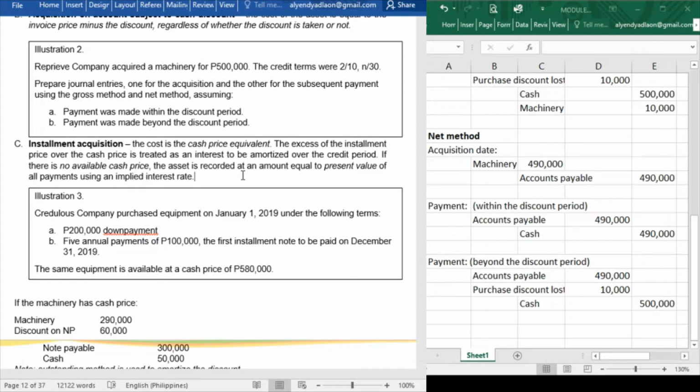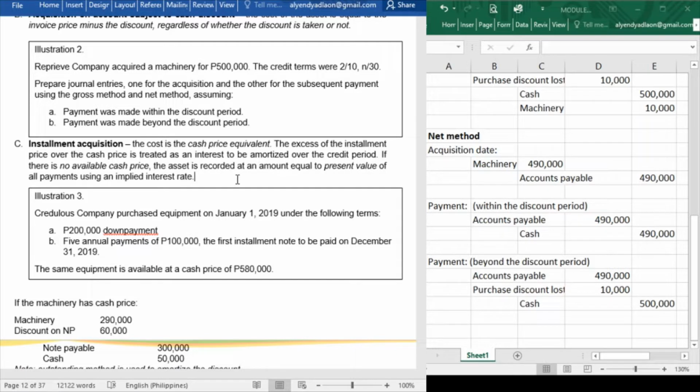Now in accounting for installment acquisition of PPE, although we acquire it using the installment method, we still have to record our property, plant, and equipment in its cash price equivalent. So, the difference between the cash price equivalent and the installment price is to be treated as an interest.